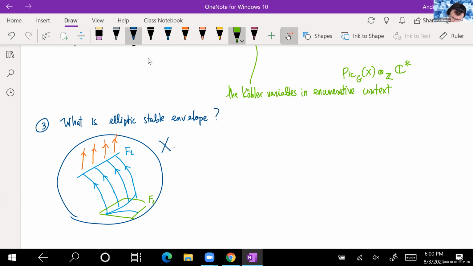So this X contains a fixed locus of some torus, which in turn is a union of components.